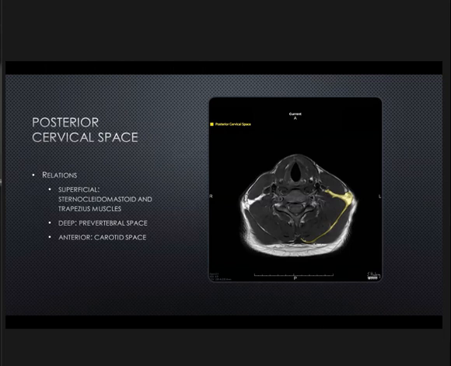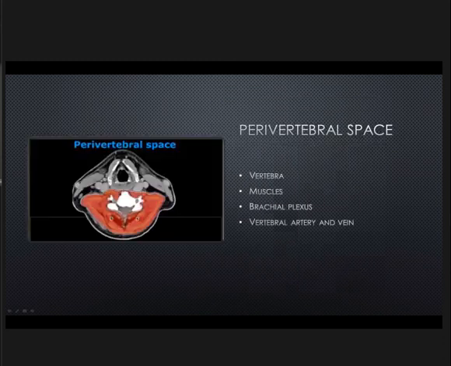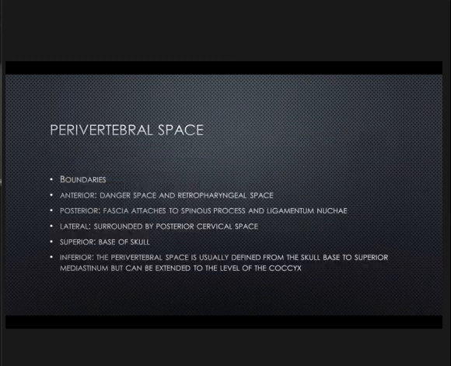The posterior cervical space is related superficially to the sternocleidomastoid and trapezius muscles, deep in the prevertebral space and anterior to the carotid space. And the last space is the perivertebral space, which contains the prevertebral and perivertebral muscles, the brachial plexus, and the vertebral artery and vein.